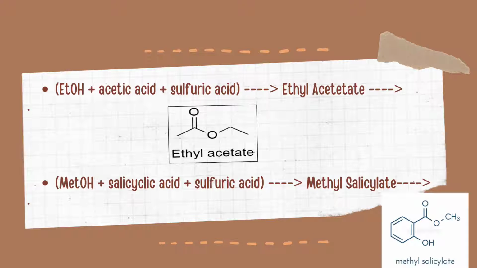Wintergreen, Gaultheria procumbens, is one of the species with the highest concentration of this compound, and therefore this molecule is known as Gaultheria essential oil. It can be used as an additive in food because it has a flavor similar to mint.